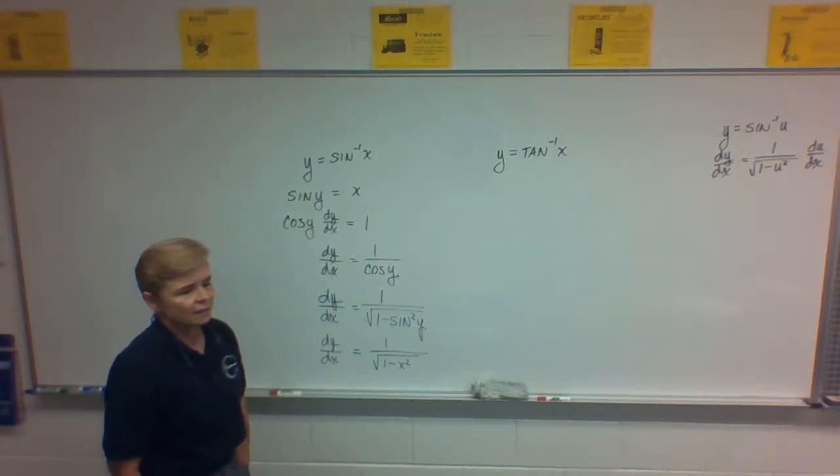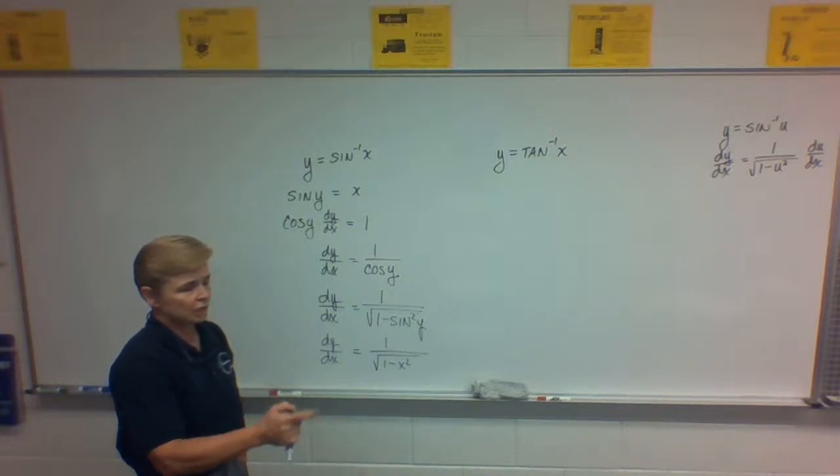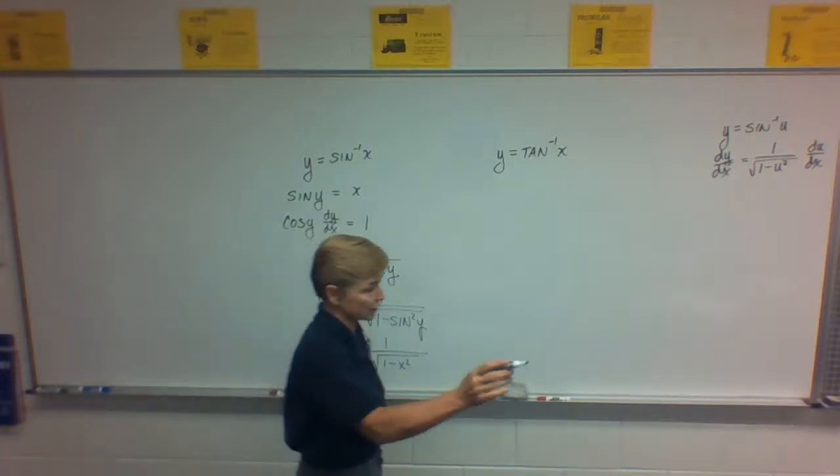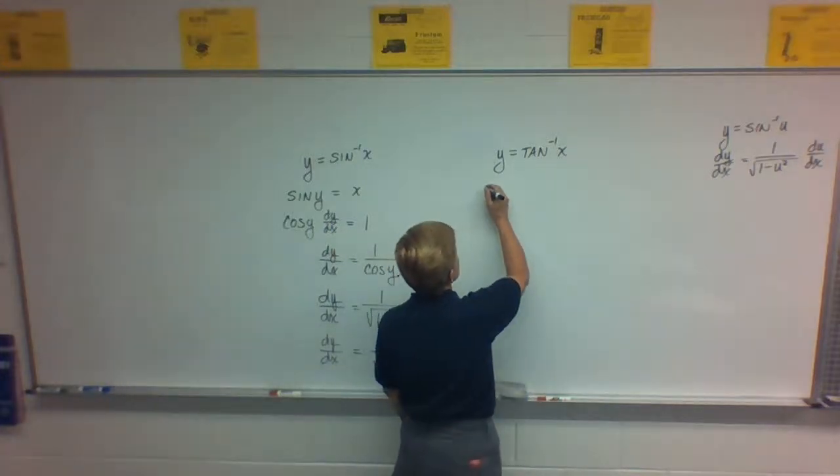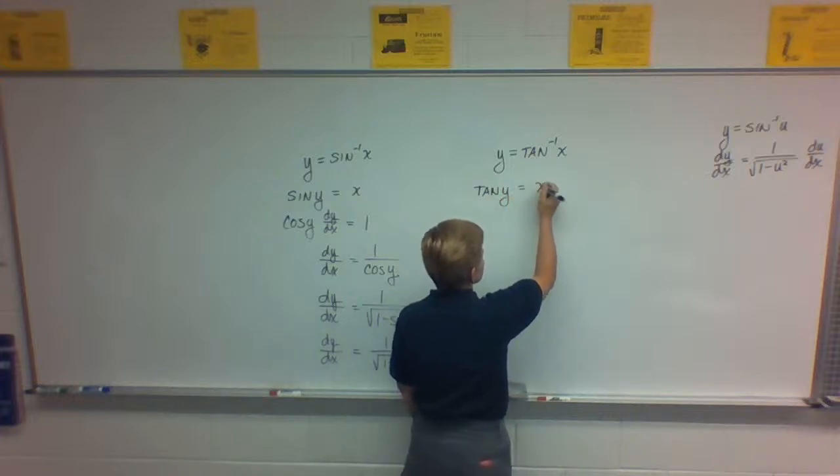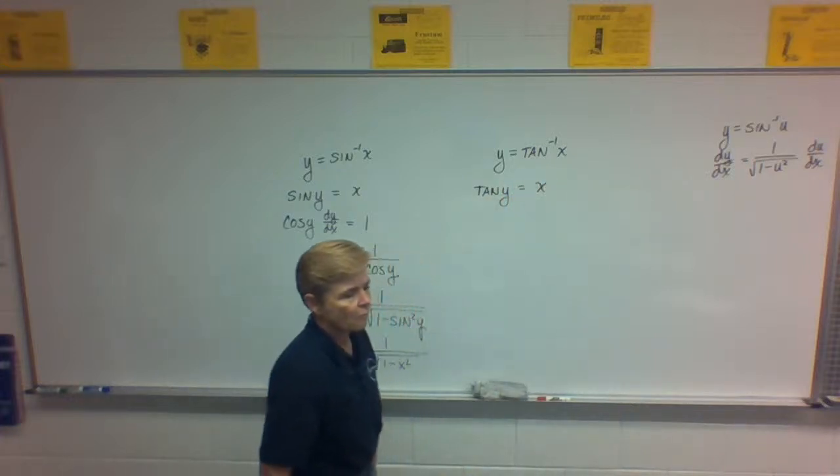How are we going to find that inverse? Do we start by multiplying the tangent like we did the sine? Well, not multiplying, but tangent both sides. It's a different function. So if I tangent the left side, I get this. If I tangent the right side, I get that.